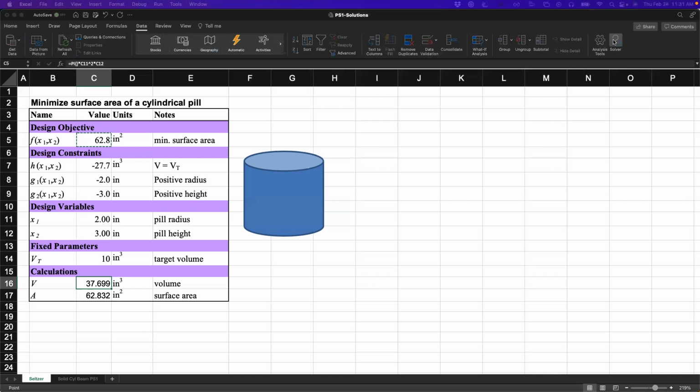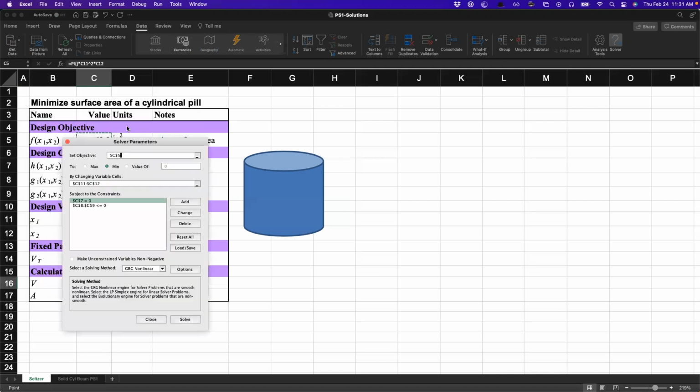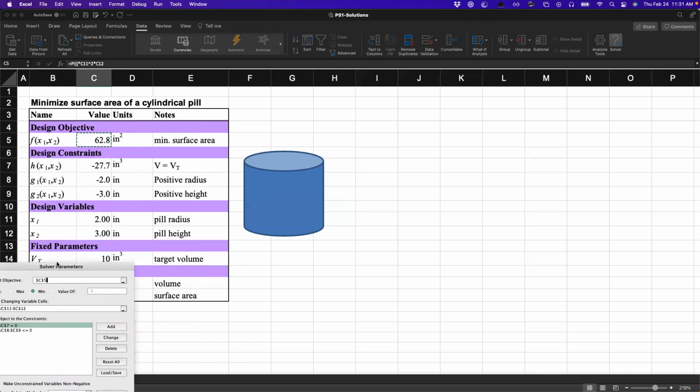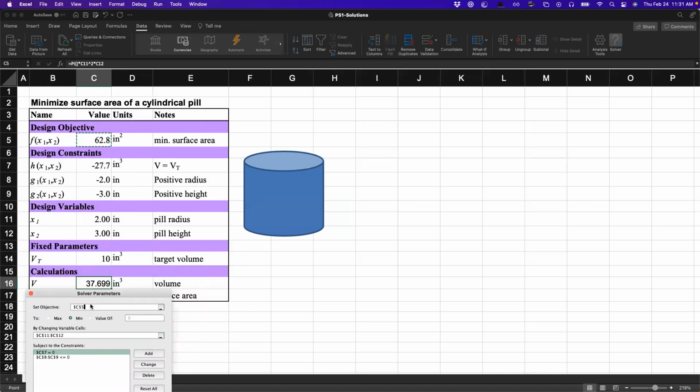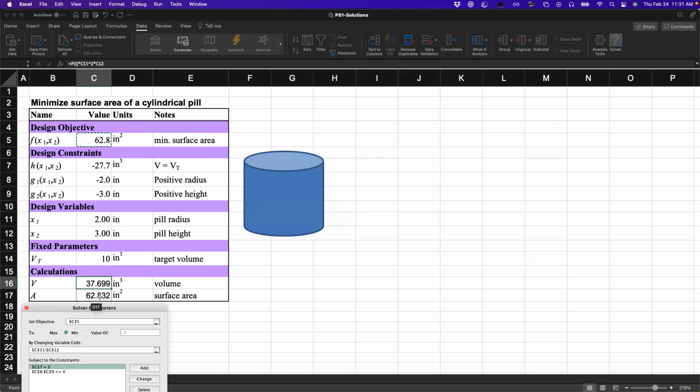So my objective is to minimize my surface area here.